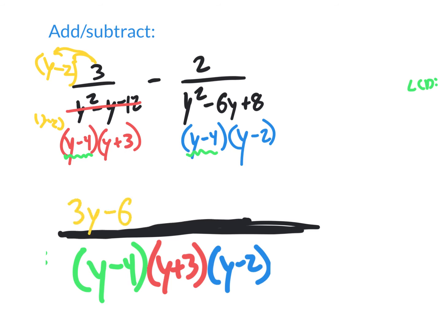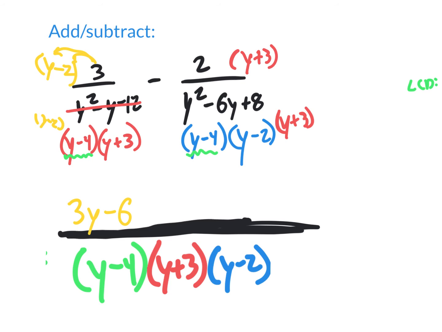Okay. Now, look at the second fraction. What do I need to do to this fraction to get this LCD? Well, it's obviously missing the plus 3 down here. So I need to put a y plus 3, top and bottom. Now check this out, guys.